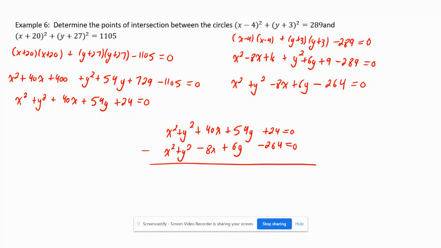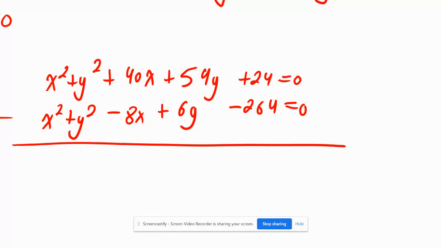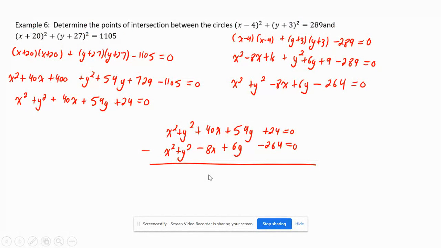The x squares and the y squares cancel out. 40 minus negative 8 is 48x. 54 plus 6y is 48y. 24 minus negative 264 is 288. This works out very nicely, guys, because I can just divide this whole equation by 48 and get x plus y plus 6 equals 0.